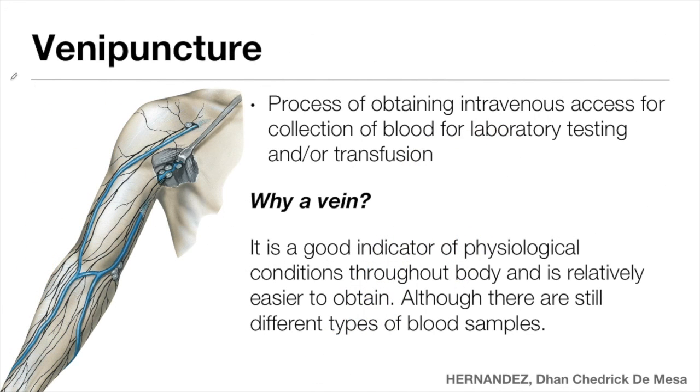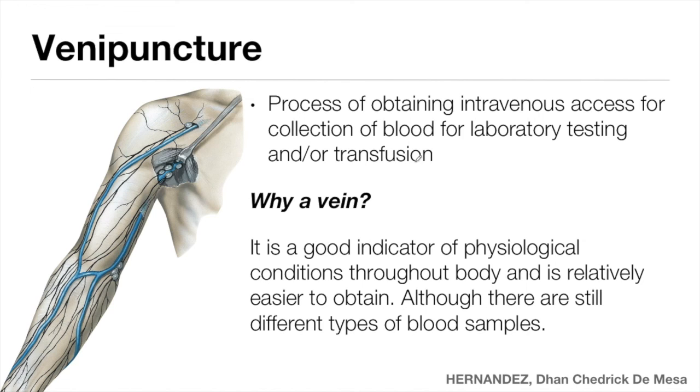Now, venipuncture is defined as the process of obtaining intravenous access for collection of blood for laboratory testing or transfusion. Now, why is it a vein? The more proper question for this one is, why is it that blood collection is usually a venipuncture?